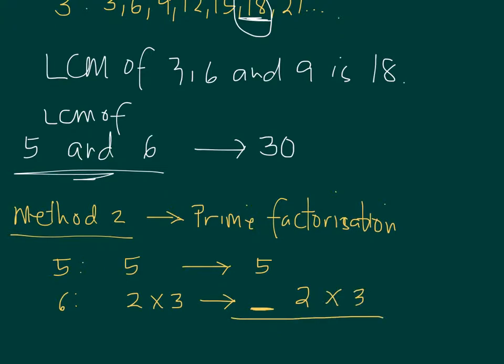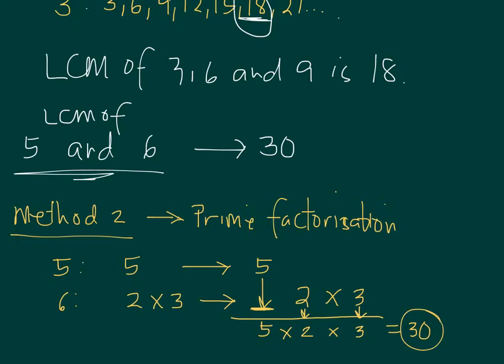And all we have to do to get the LCM from the prime factors is to drop each number. So 5, and then 2, and then 3, and then multiply all these numbers. So we have 5 times 2 times 3 is equal to 30. So that's how you get the LCM.